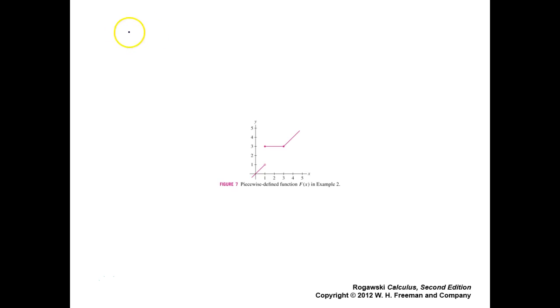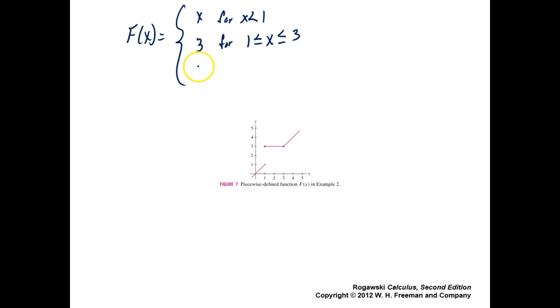And for some reason, they made it capital F. F of x is equal to, it's a piecewise defined function. x for all x less than 1. 3 for x between, 1 less than or equal to x, and that's less than or equal to 3. And then it's x again for x greater than 3.